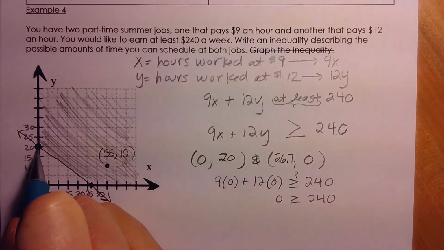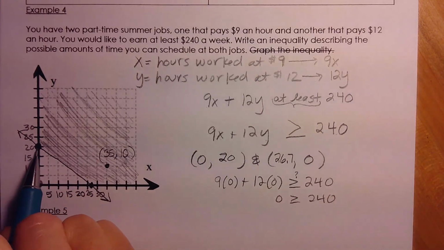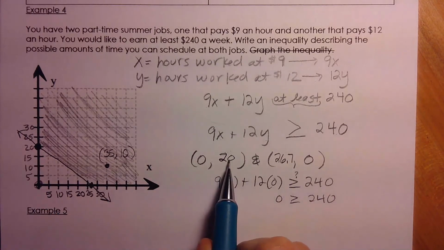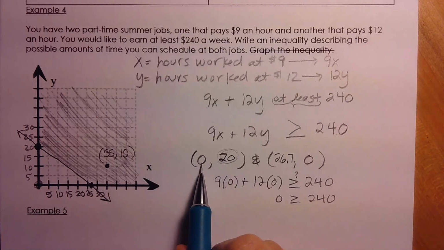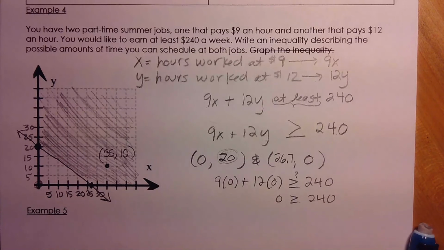I mean, I guess if you look at this point right here, this one is on the y-axis. This pretty much says that you have to work 20 hours at the $12 per hour job and 0 at the other job in order to earn at least $240 per week.